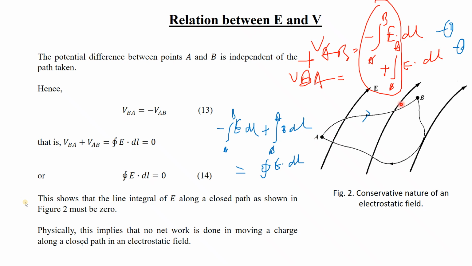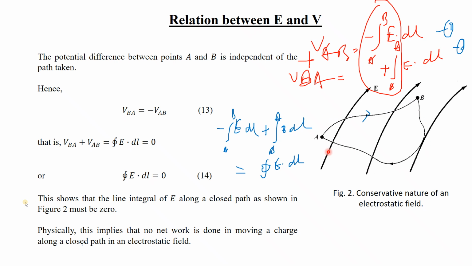This is the conclusion. This is very similar to what you have studied in physics, that work done in a closed path is 0. If you start from a point A, travel a distance and come back to the same point A, your displacement is 0. If you can remember from school, displacement is 0 means the work done is 0.